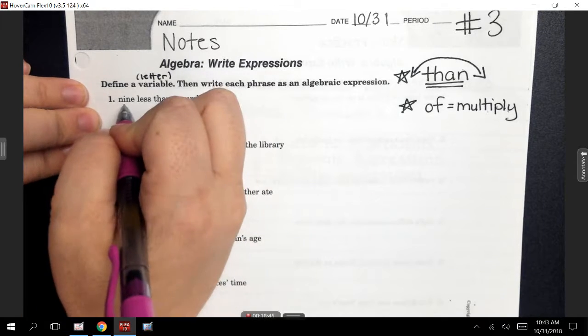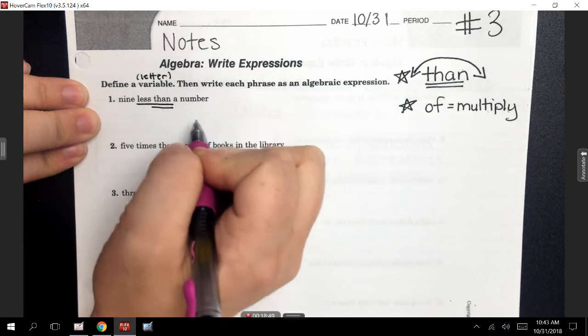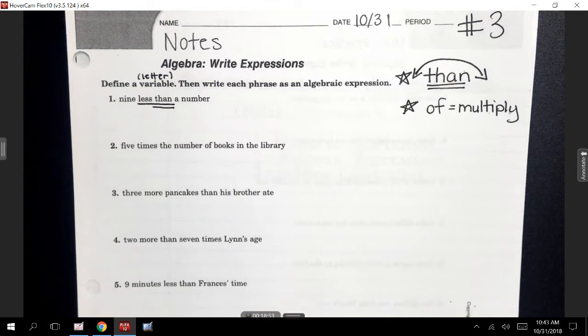Number 1 says 9 is less than a number. The first thing I like to worry about is the variable. There's some information in this problem that, in order to find the answer, I would need to know. If I was actually working this out, what information would I need to know? What am I missing? Camilla?